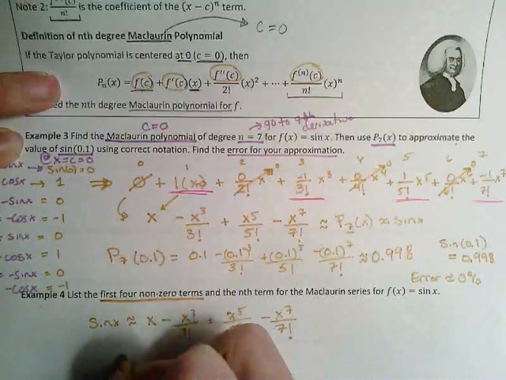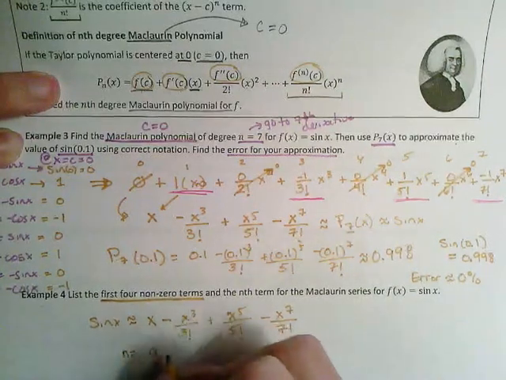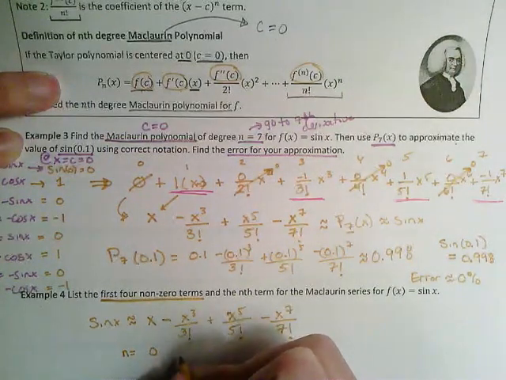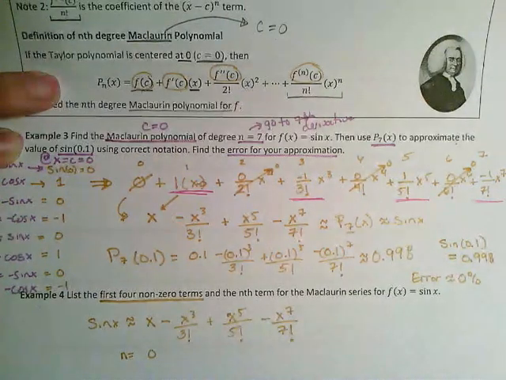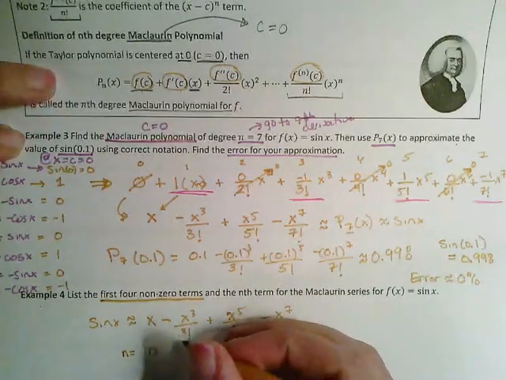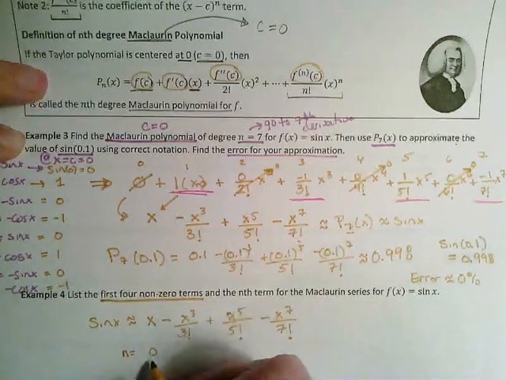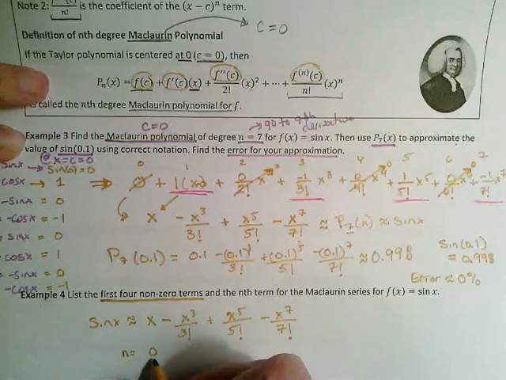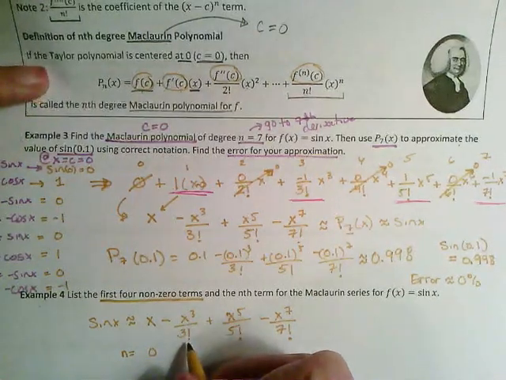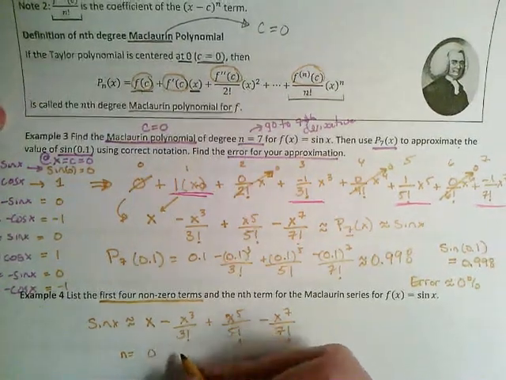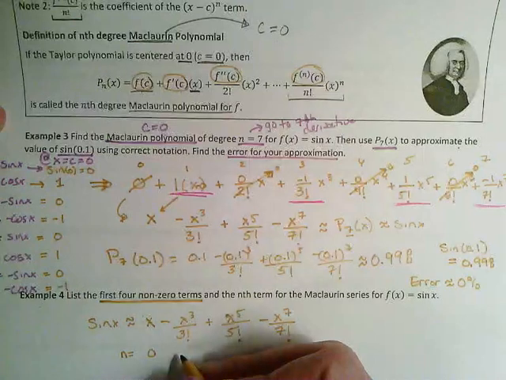And this was given to us when n equals 0. This one was the first 4 non-zero terms. So n is 0 here. For this one, n was 1, right? You remember?